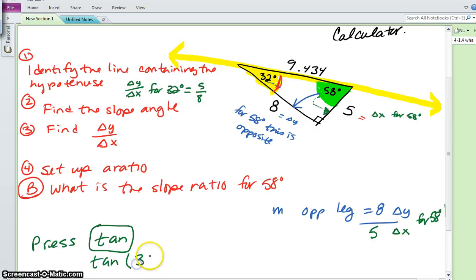Enter 3, enter 2, close the parentheses, press enter, and 0.6249 is the result. So your calculator is programmed with a very large table of tangent ratios, larger than the trig table toolkit you have created.